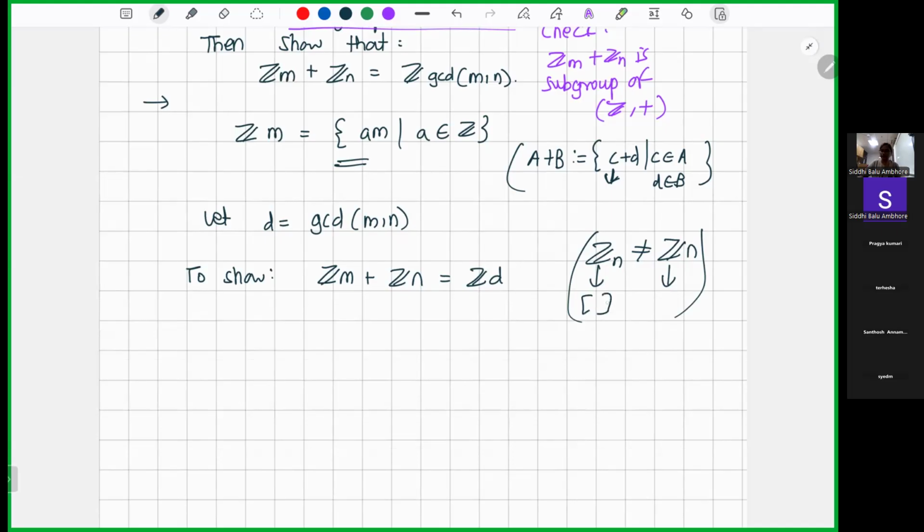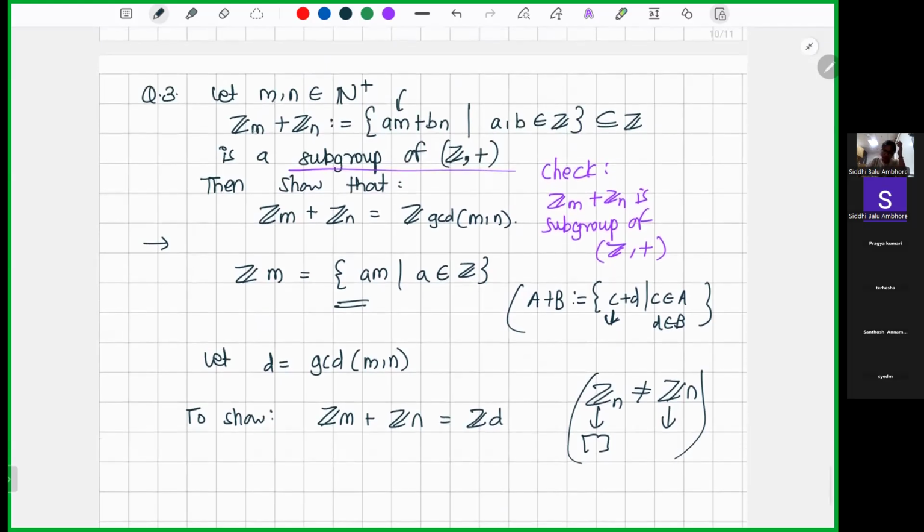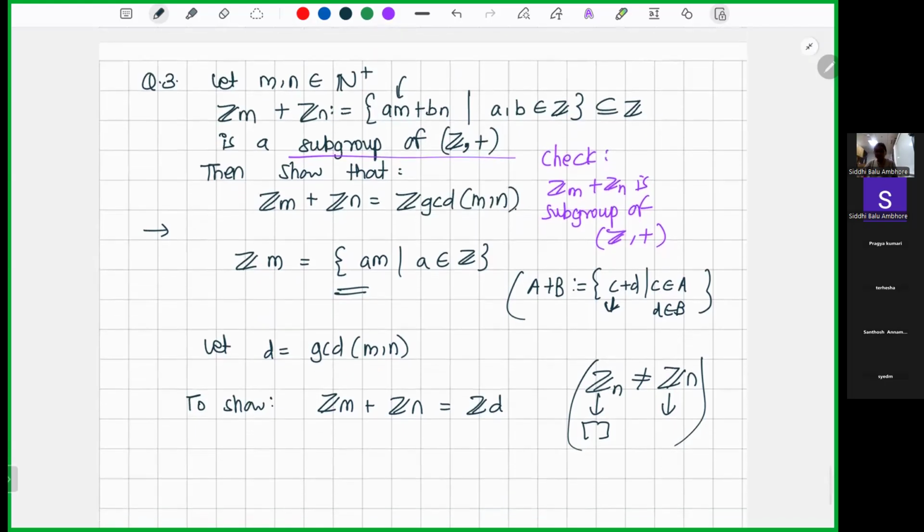This represents an equivalence class, whereas this is just a subgroup of Z, which is generated by the integer n. So please understand this. When you write it the other way, it is really wrong. Let me write this as well: this is Zm, this is Zn, this is not a subscript, this is Z GCD of m, n. Okay, so we have to prove this. How to start?